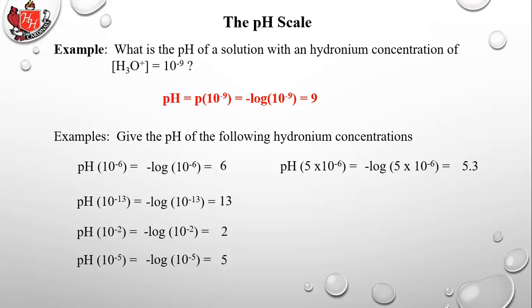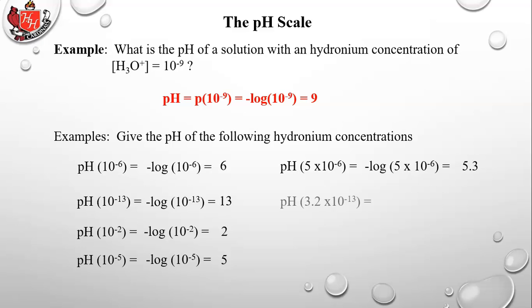The concentration on the right is 5 times 10 to the negative 6. That's 5 times greater than 1 times 10 to the negative 6 on the left. And notice what happened to the pH. It's a stronger hydronium concentration, so the pH went down. It became more acidic. As it becomes more acidic, the pH becomes lower. So it went from 6 down to 5.3.